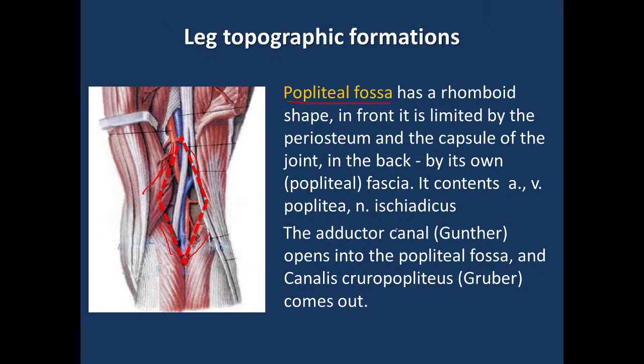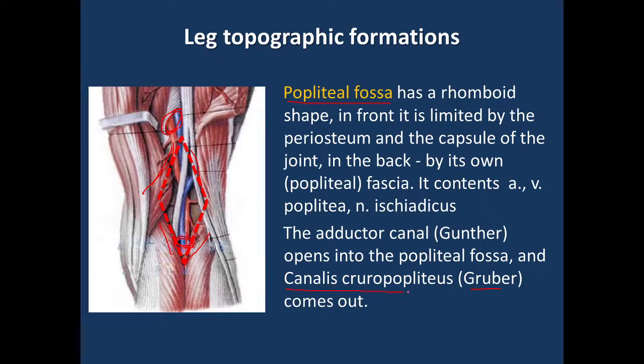The popliteal fossa contains the popliteal artery and veins, which come here from the adductor channel, and this is the opening of this channel in the superior part of the popliteal fossa. All of these vessels come into the Gruber channel.